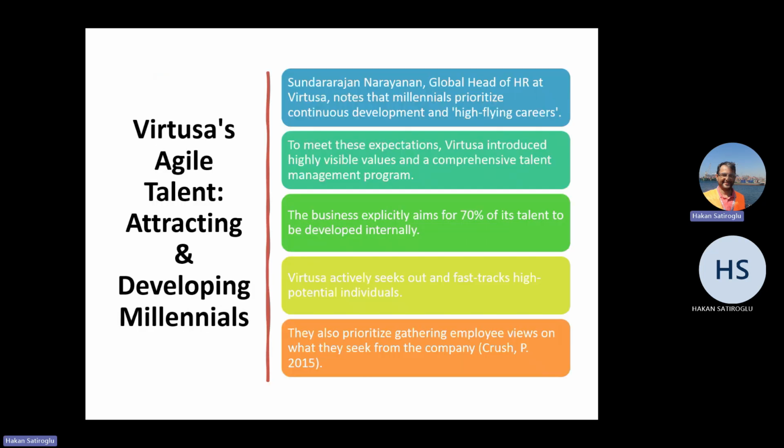To meet this, the global head of HR at Virtuosa notes that millennials prioritize continuous development. Oh yeah, this is the example from millennials, because this textbook is old, but it's really strong.